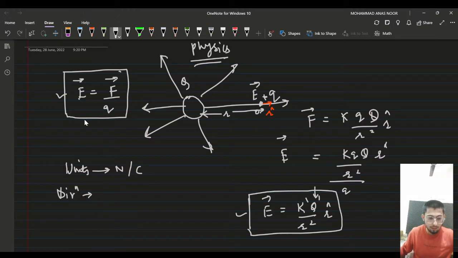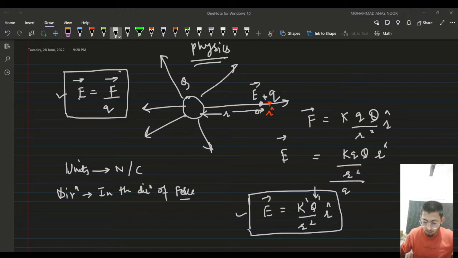So the direction of electric field is the same as that of force, and the force direction in this case is the r cap direction, right? We can write this in a simple way: find the direction of force and give that to the electric field. That would be the direction of electric field, correct?